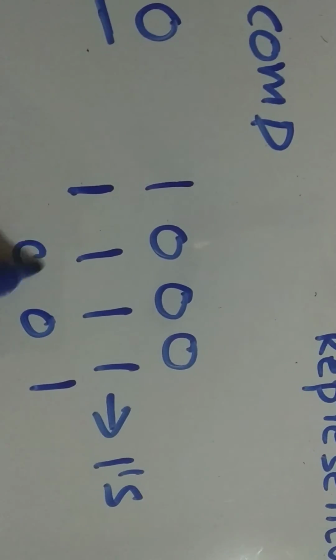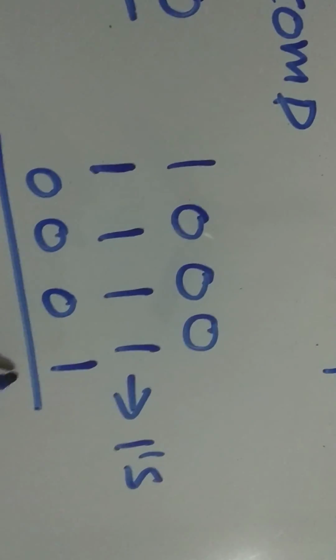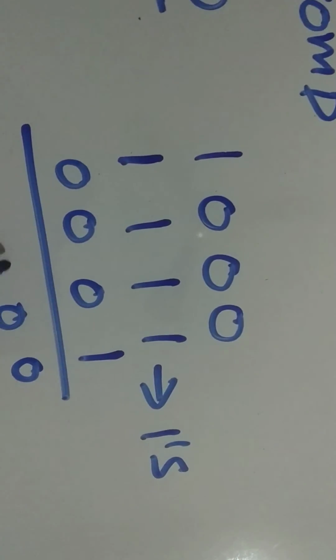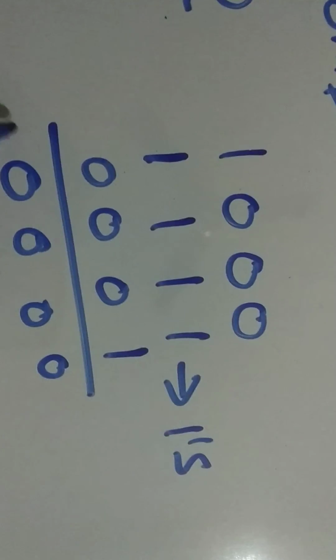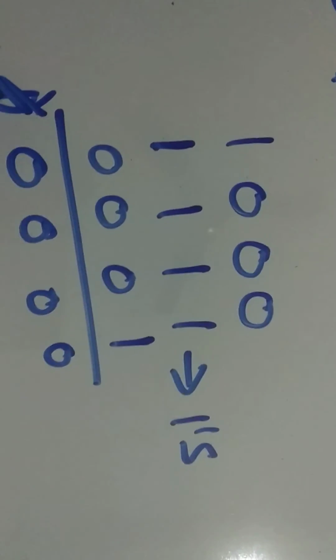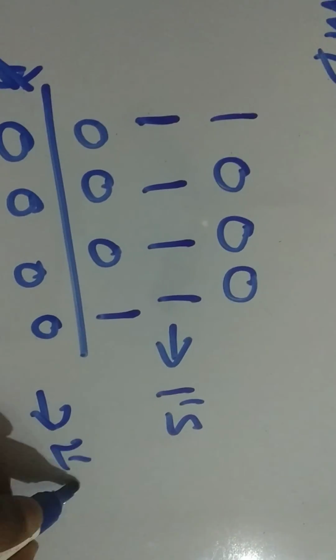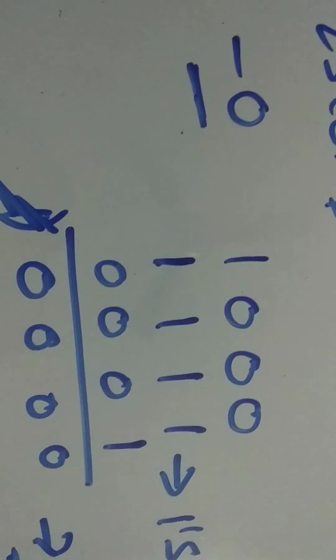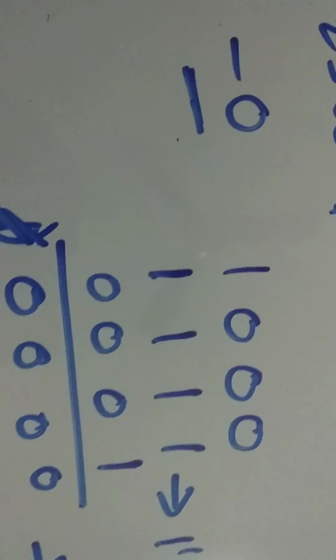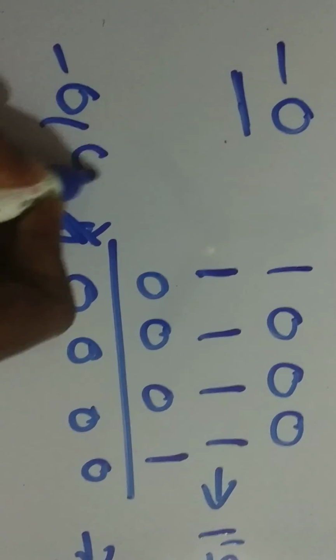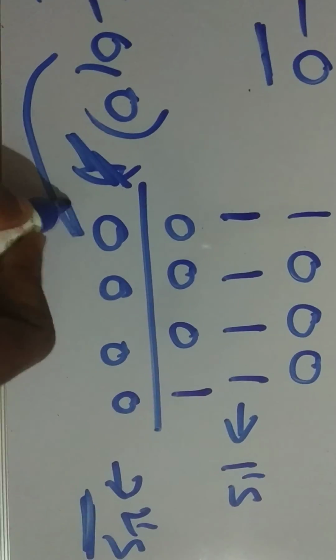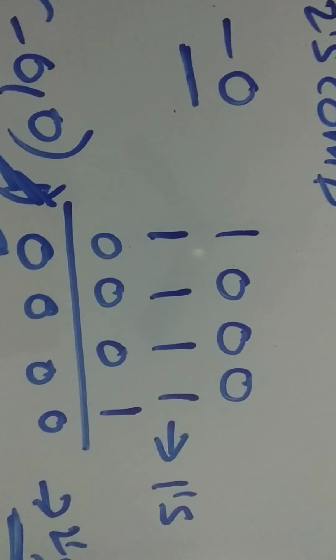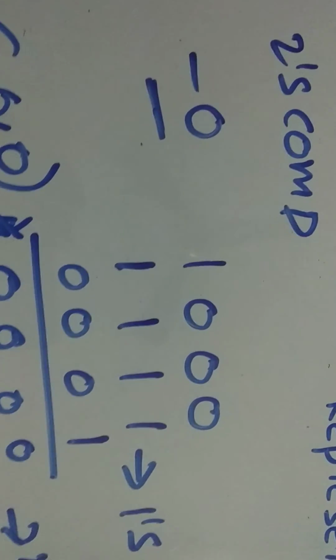So now it's 0 0 0 0. Neglect the carry. The carry is being neglected, and this is in the 2's complement form. Minus 0 is represented as 0 here. Minus 0 and plus 0 are both represented by zeros. So no problem, 2's complement rectifies the problem of having minus 0.